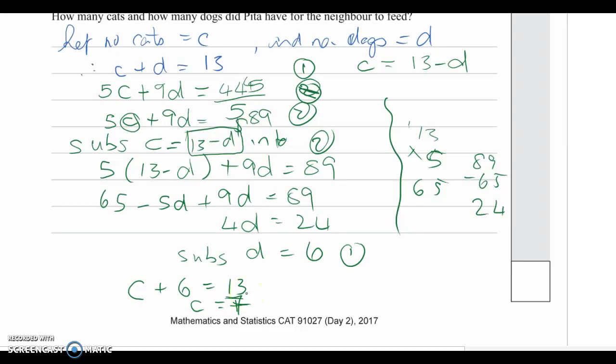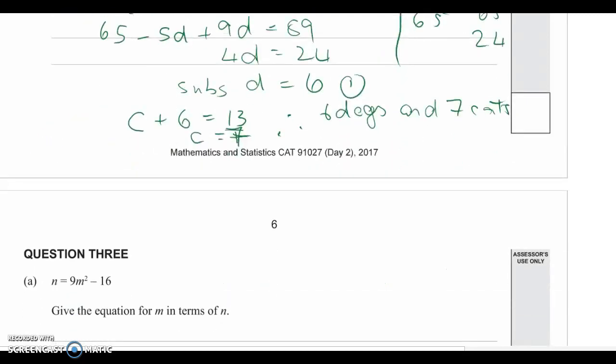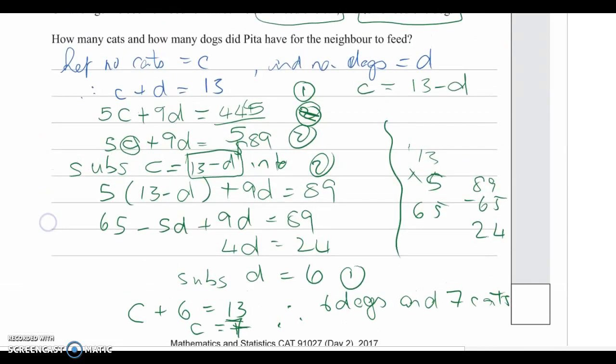So there are therefore 6 dogs, write it out in full, and 7 cats. Sorry, I'm writing on my screen very badly here. And I will leave that there and do a video of question 3 in a bit.